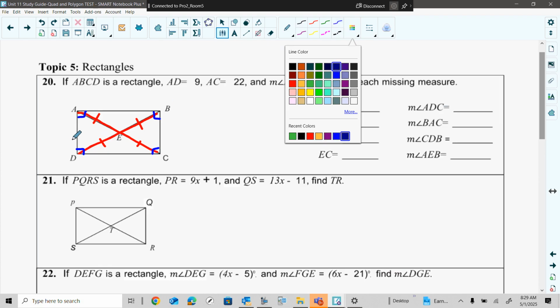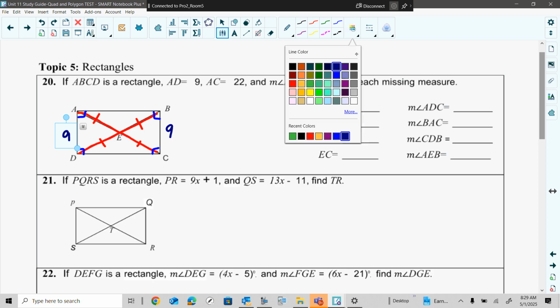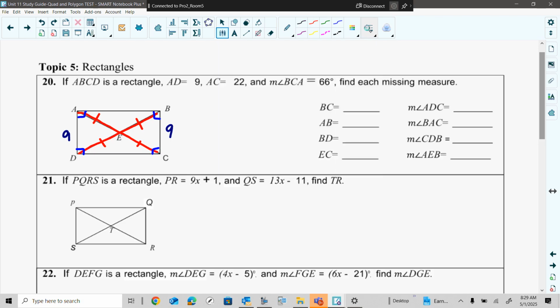So if I give you AD is 9, you should know opposite sides are congruent. AC is your diagonal, 22. That means each piece here is 11.